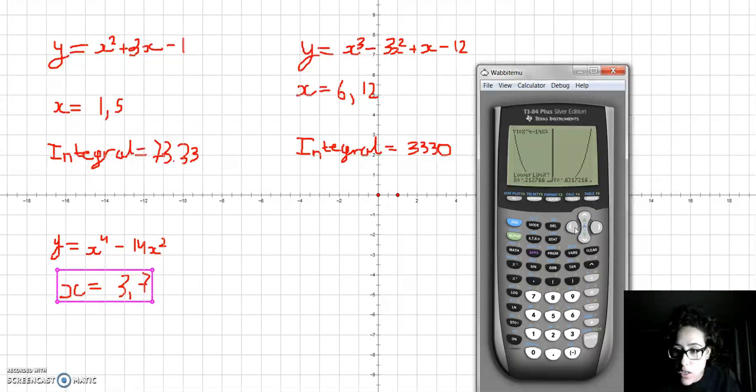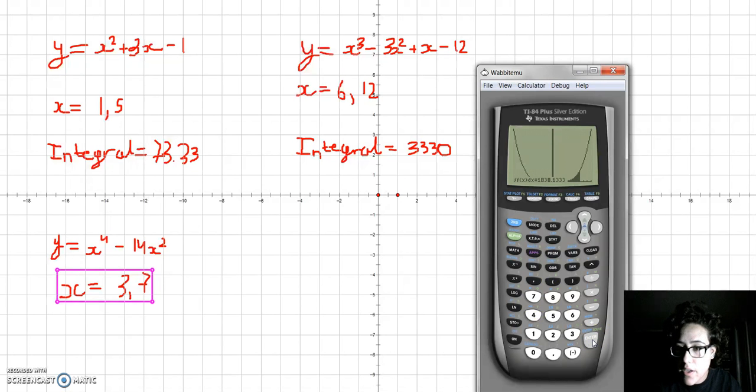You would set your lower limit using your arrows, or you can just enter it in regularly and you press enter. And then your upper limit would then be 7.